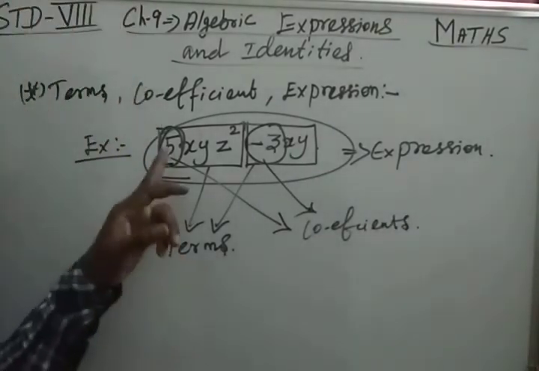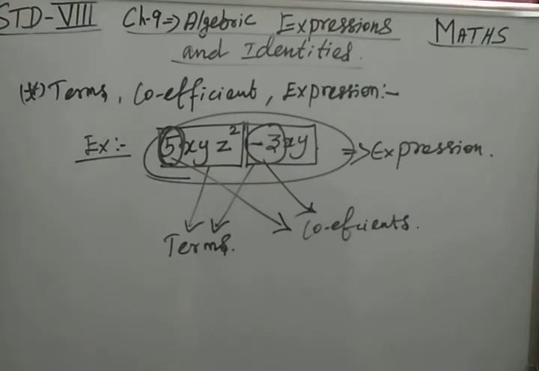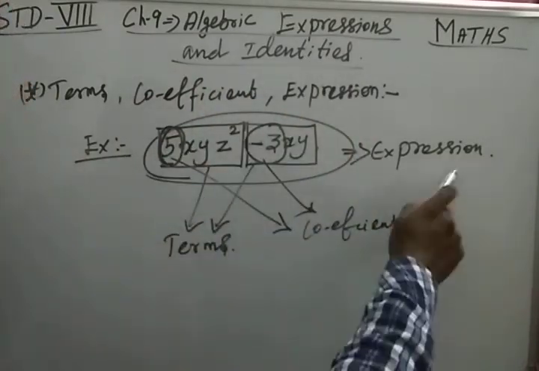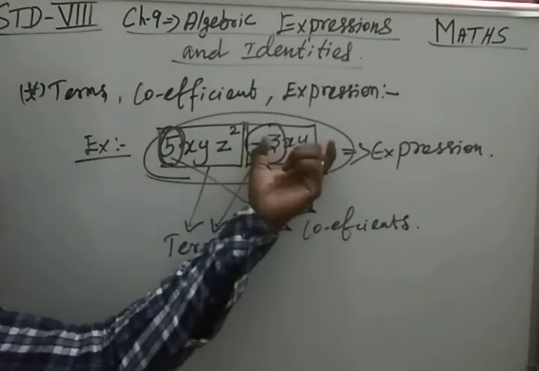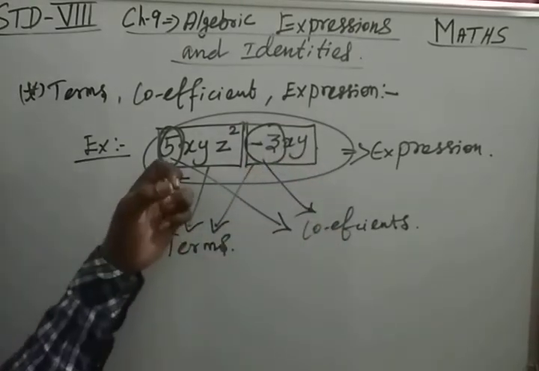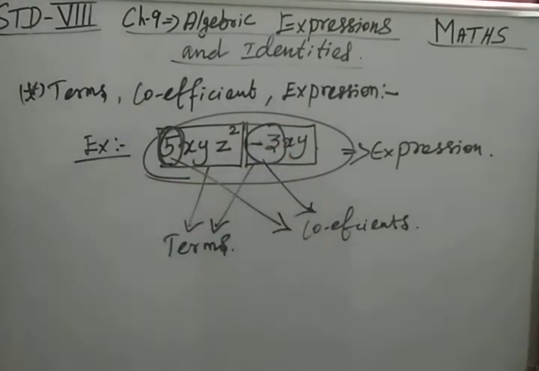Only the numbers we can say as coefficients. Now you must learn this one: the whole expression is called an expression. The term with the number and variables is called a term. Only the number is called a coefficient.